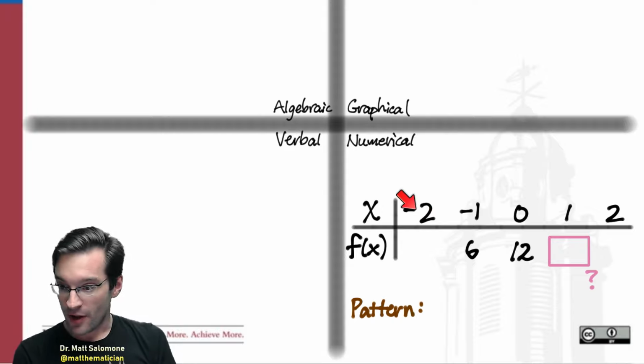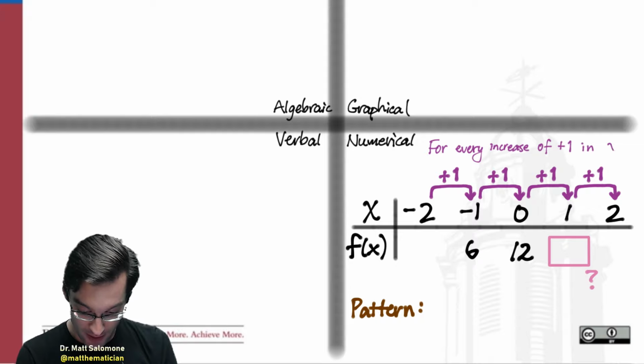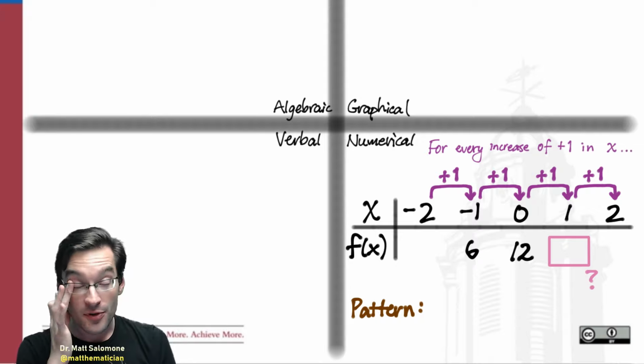And I'll write that up here at the beginning of a sentence. For every increase of +1 in my x variable, my independent variable. So those are the increases that we're seeing represented in my 5 x values that are parts of my data points.